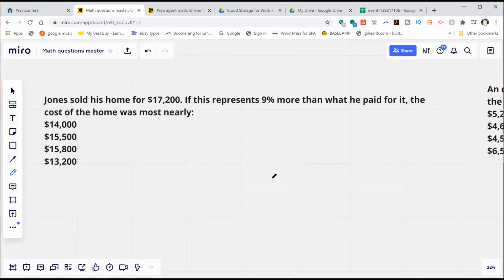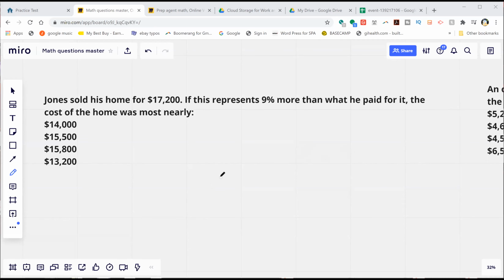So again, guys, what are we trying to figure out here? Tell me. What do we have to know with this problem?